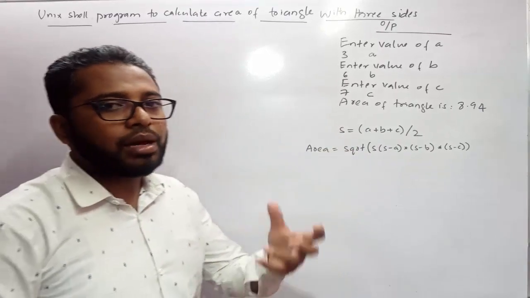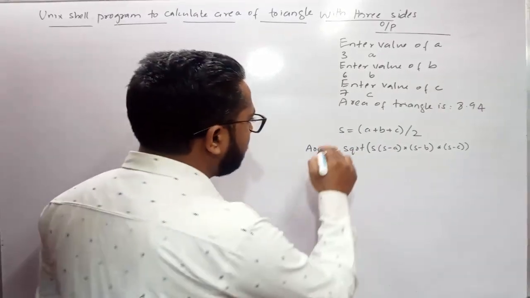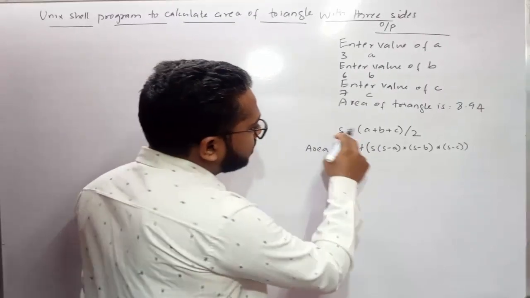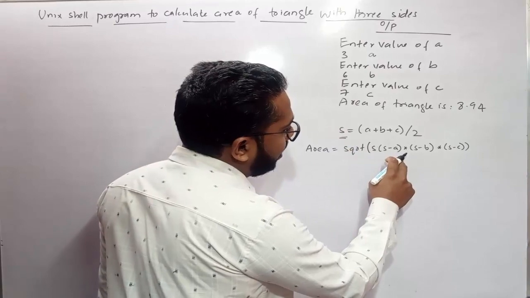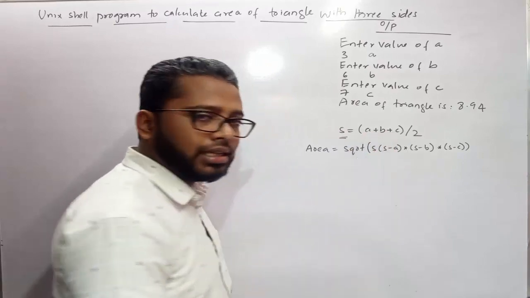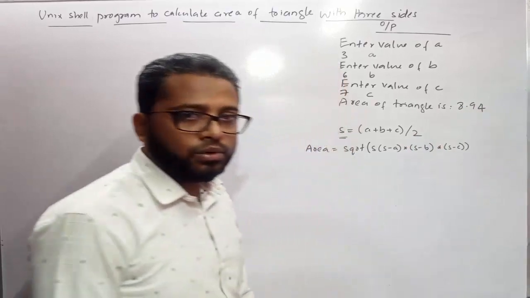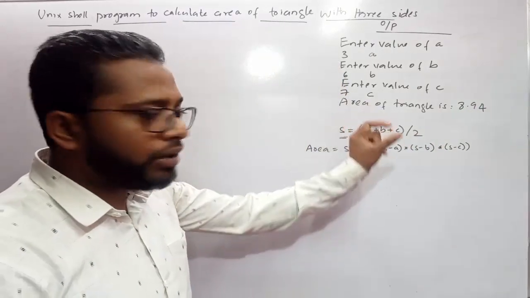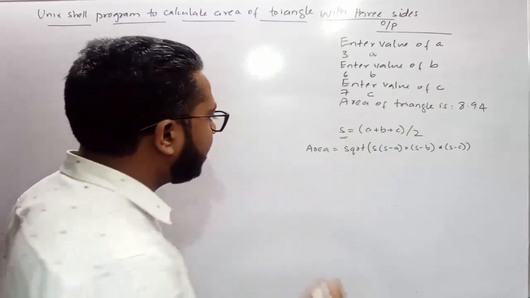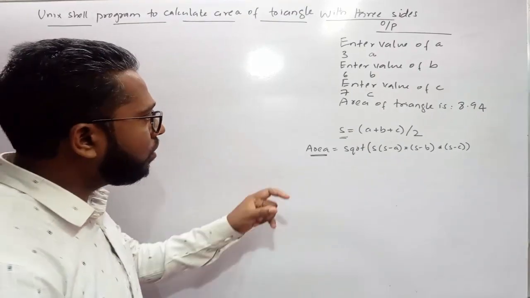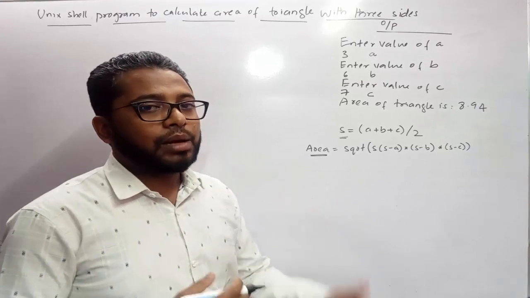So in my program I need to create one more variable with the name S. Then S gets substituted in this formula along with the values of A, B and C, and finally I will get this output 8.94. To store that value 8.94 in my program, I need to create one more variable, which is area. That means I need 5 variables in my program.